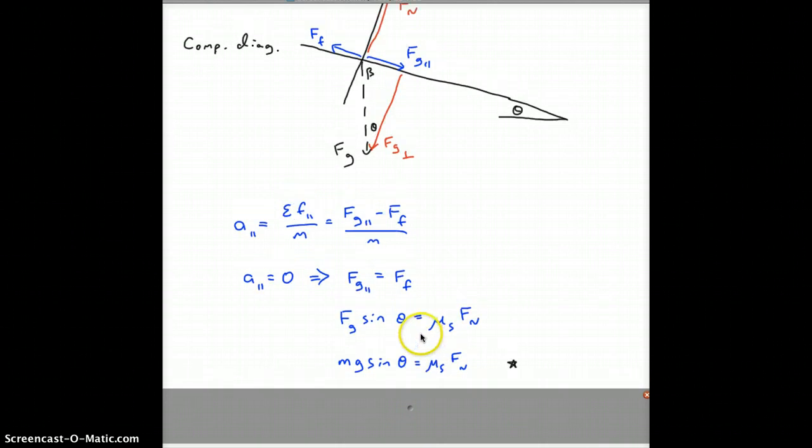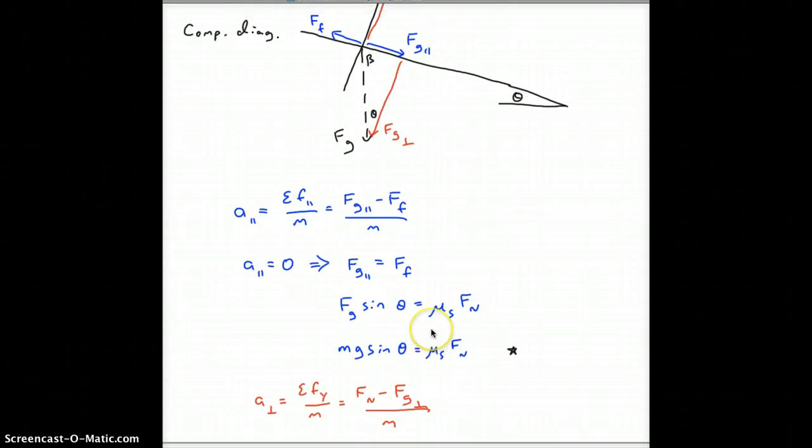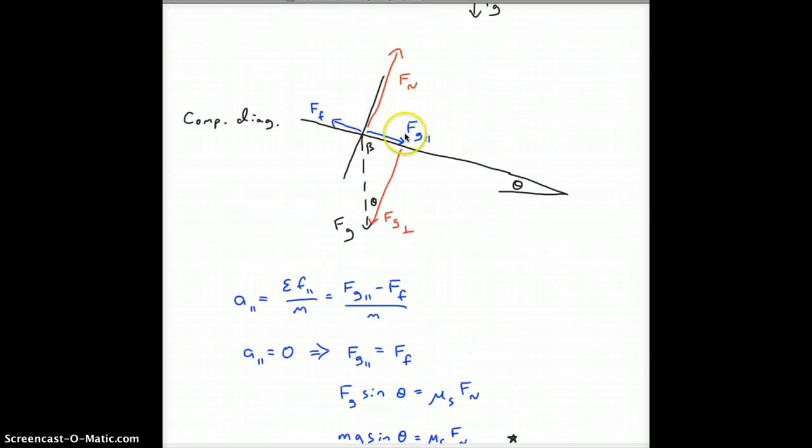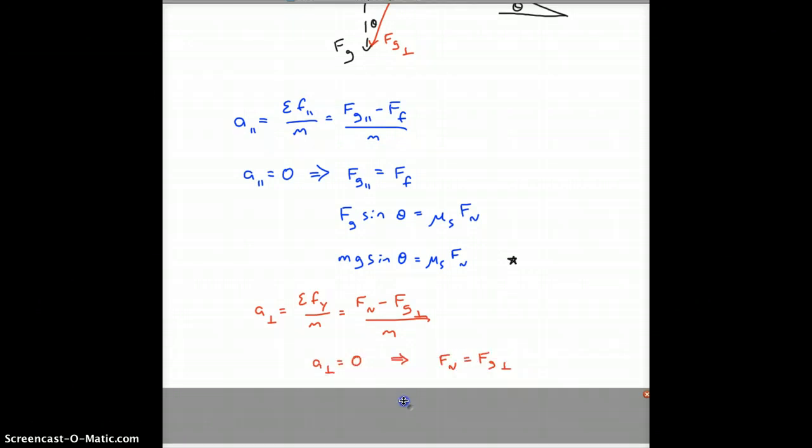Now let's look at the perpendicular component of the motion. The perpendicular component of acceleration comes from the combination of perpendicular forces acting on the mass. The perpendicular forces are the normal force acting opposite the perpendicular component of gravity, but of course because the block is not accelerating into the incline or out of the incline, the perpendicular acceleration is 0.